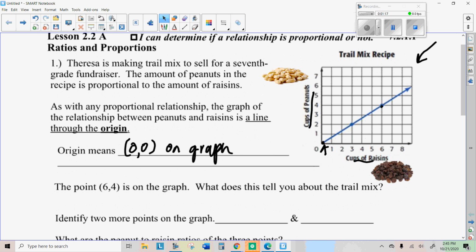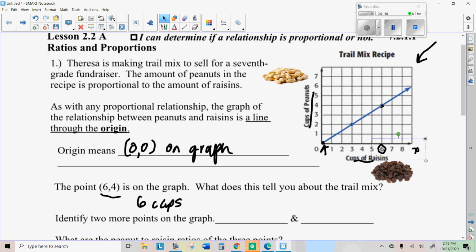There's a point right here that we call point 6, 4. And what that's telling you is that this 6, the first number, is on the x-axis, and that represents raisins. So that's saying that we have 6 cups of raisins.